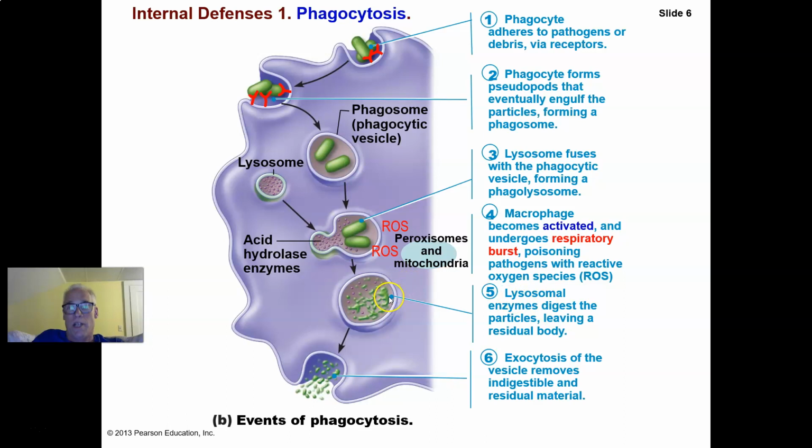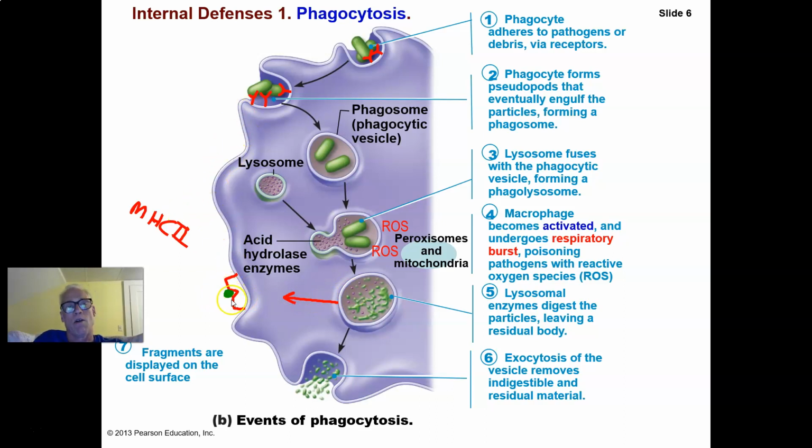The lysosomal enzymes will be doing their work at the same time. Hopefully we've killed those agents. Occasionally there's a bacterium that can laugh at all of these steps and survive the entire process, such as tuberculosis. But that's another topic for people who decide to take microbiology. The fragments of these dead bacteria digested by the lysosomal enzymes will not be utterly recycled before some of the fragments are placed on the surface of the cell.